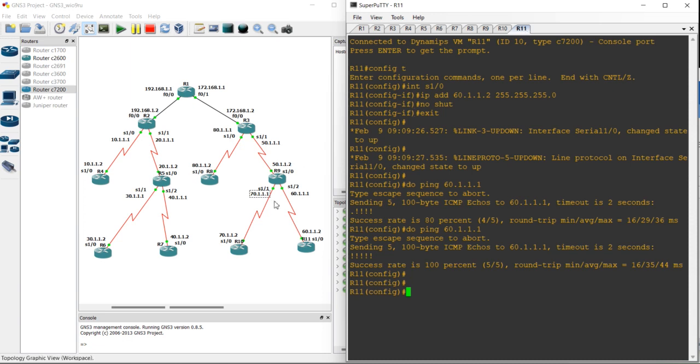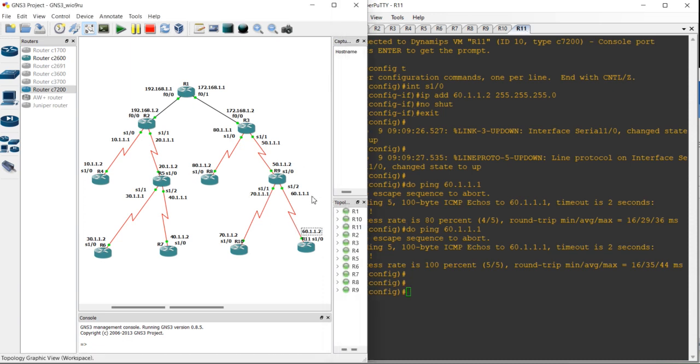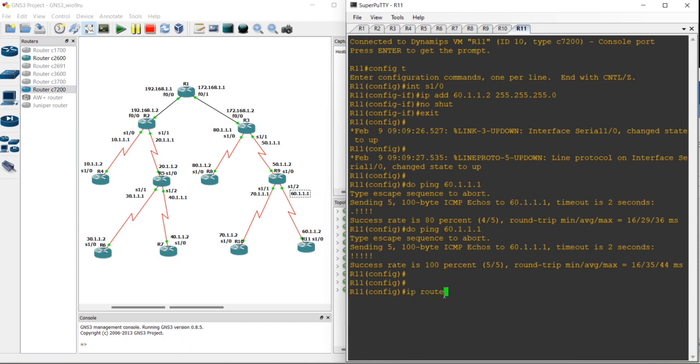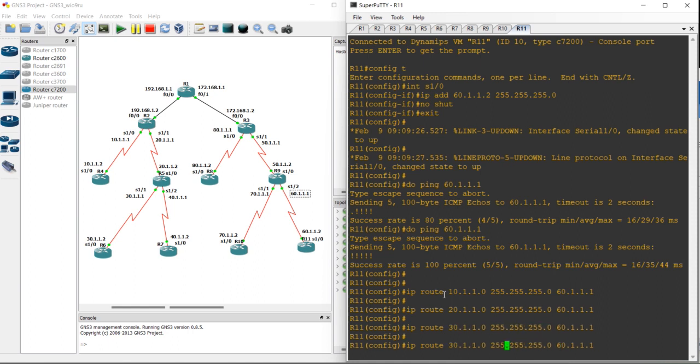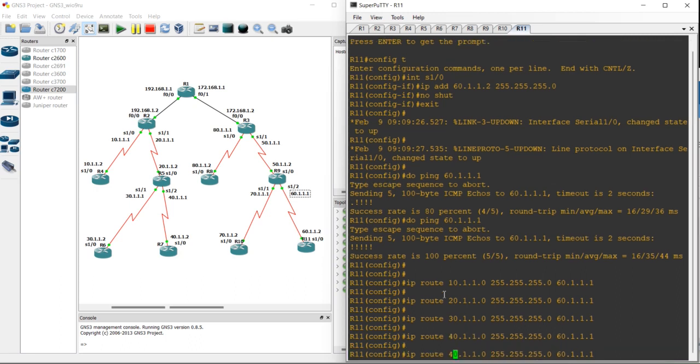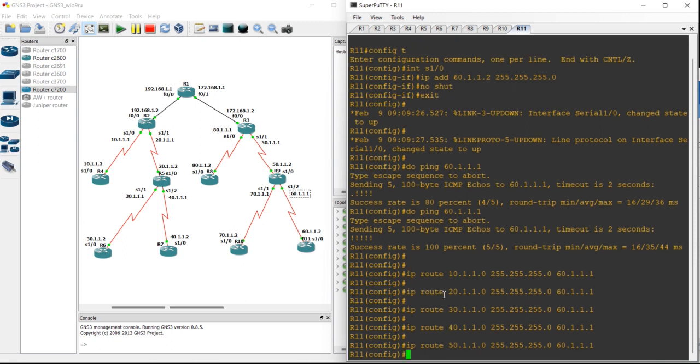Router 11 has only one network, which is 60. So for all other different networks, we need to use exit IP 60.1.1.1. Okay. So ip route 10 for the 10s network. Now exit IP is 60.1.1.1 for 20, for 30, for 40, for 50, 60 is directly connected.